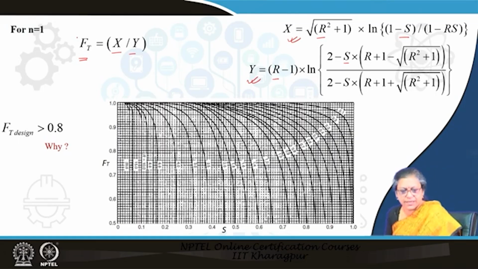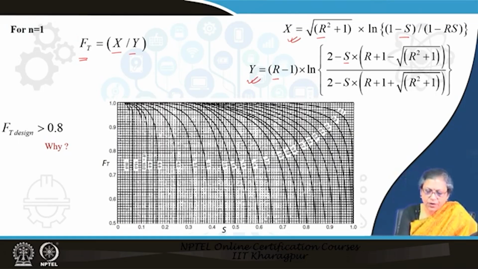The particular reason is that, see, in this graph where I have plotted Ft as a function of S and R, if you observe, below Ft equals 0.8 all the lines are extremely steep, which tells you that as we go to lower and lower values of Ft, even with a small variation in temperature there will be a large variation, or rather the heat exchanger will become very sensitive to changes in any particular operating temperatures. So the design then becomes extremely sensitive to operating conditions and we would not like it.